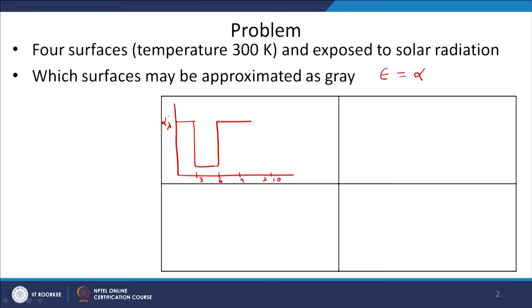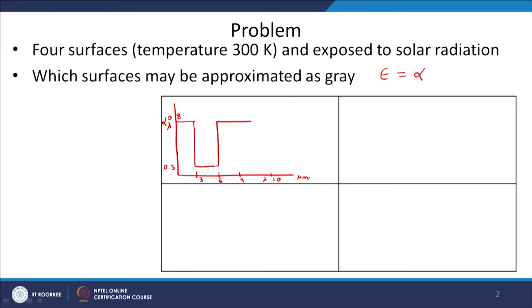This value is 0.8 and this value is 0.3. So the first surface has absorptance of 0.8 in the spectral range less than 3 micrometer and absorptance of 0.3 in the 3 to 6 micrometer spectral range.